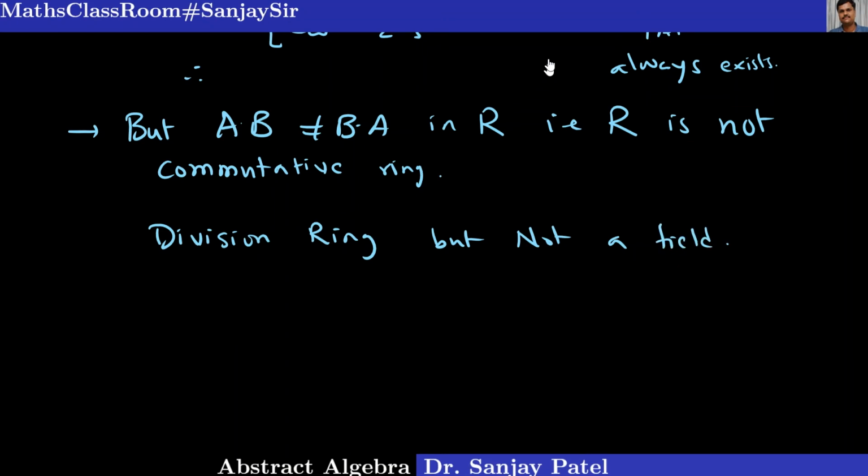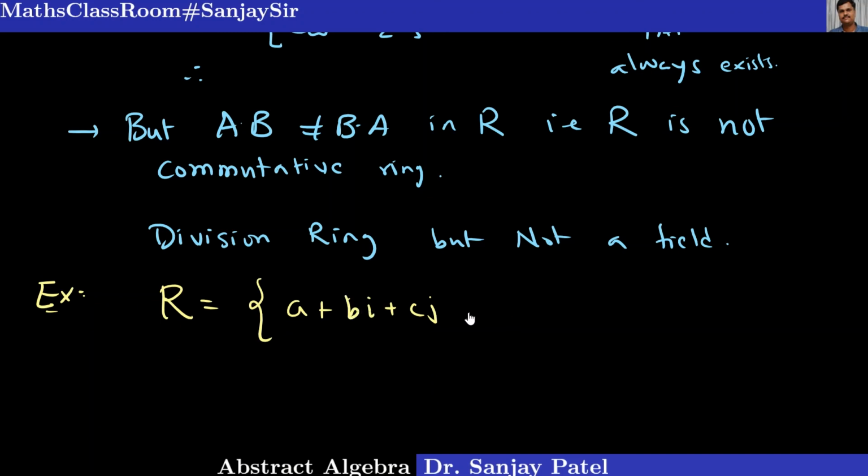Okay. Another important example I want to mention, and you can verify that, is the set R, the ring of quaternions, that is A plus B into I plus C into J. Let me write this way, not IB. I will write B into I so that it looks better.